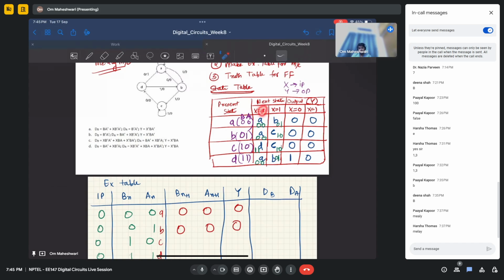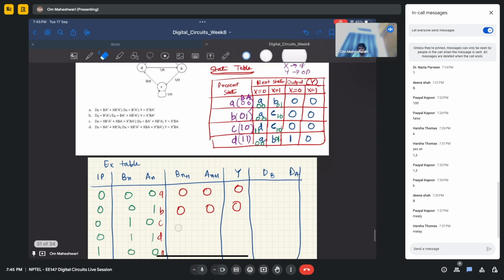Input is 0, you were at state C, you go to state D, output is 0, state D is 11, and output is 0. You were at state D, input is 0, you go to state A, output is 1. Go to state A is 00, and output is 1.